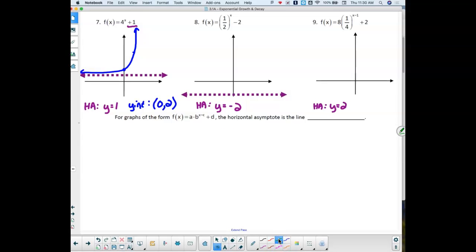Green on this one. Okay. Y-intercept for this one. (0, -1).